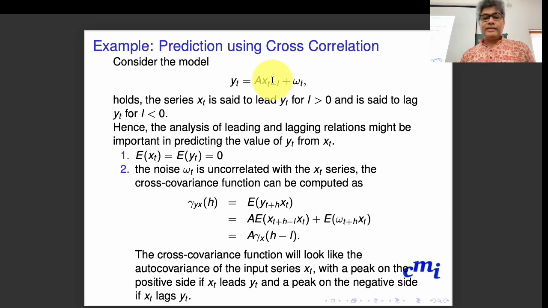If you make that assumption, you are assuming a regression-type structure between y_t and x_t, because a will behave as a coefficient and x_{t minus L} is just a lagged value of the time series.